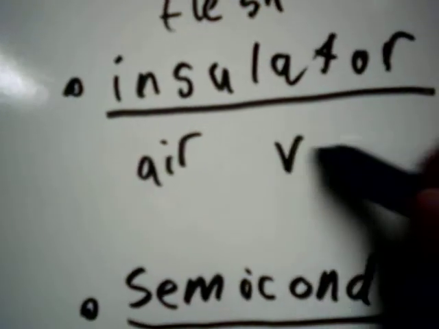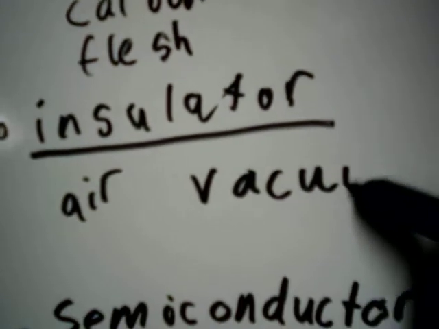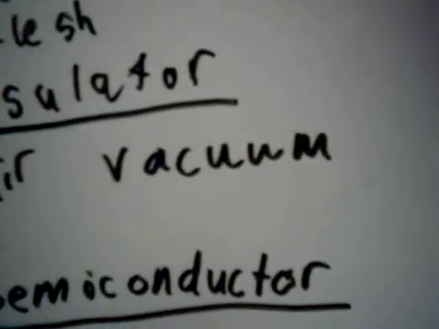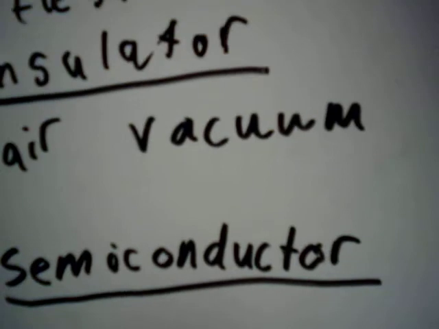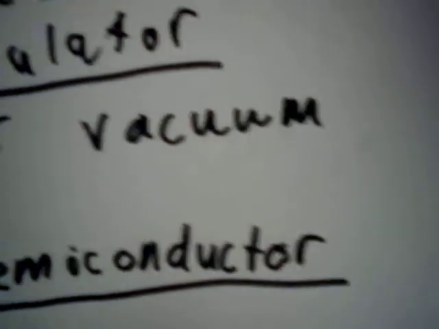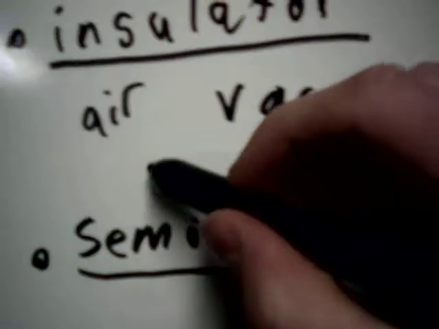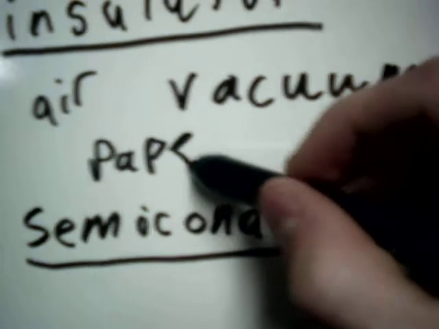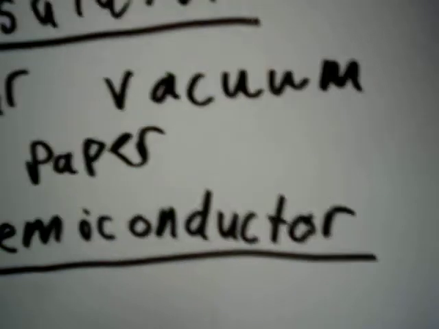Air is an insulator, and actually a vacuum too. I don't mean a vacuum cleaner, I mean a vacuum, the lack of air pressure or any material. Also paper, wood, glass, things like that.